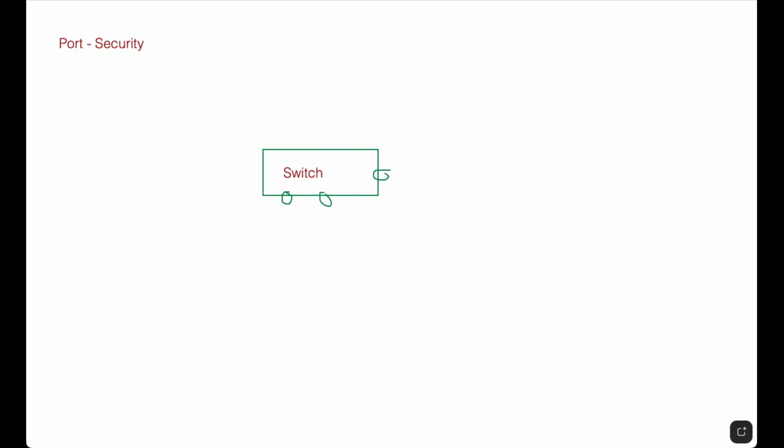So here on this port, you want to make sure only one specific device is connected. Let's say there is one PC, or only one server. You want only this server to be plugged into this switch. Whichever other device is plugged in to this port should be blocked.